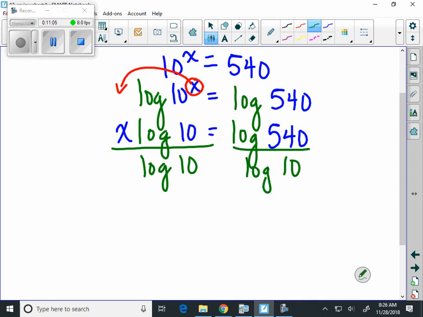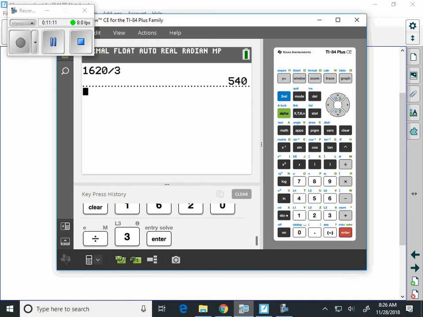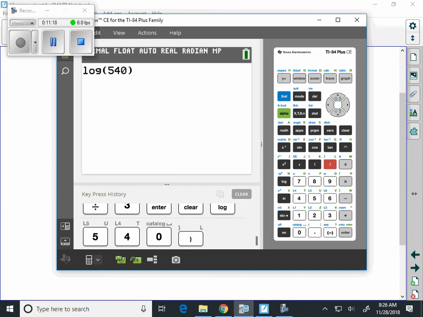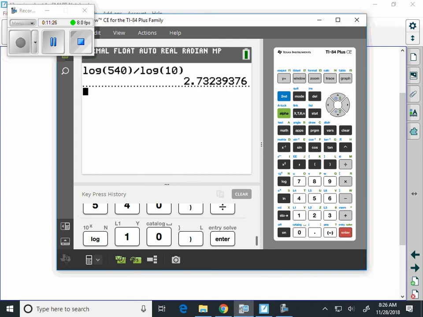And what that's going to require us to do is type this in the calculator. I'm going to take log of 540, close the parentheses, divided by log of 10, and we press enter.